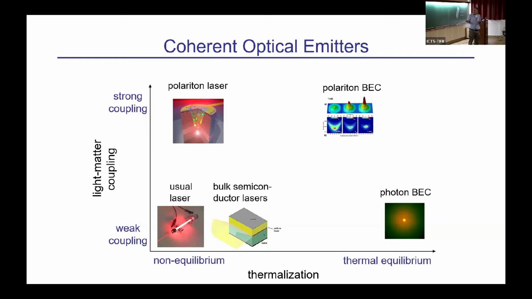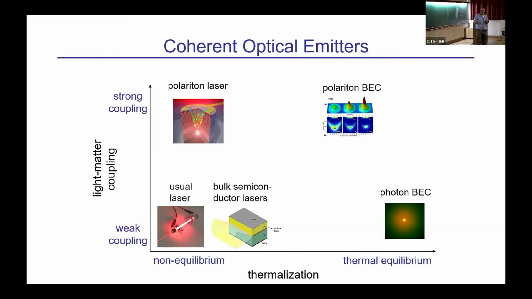And what is interesting is that on this scale, old bulk semiconductor lasers, well, they're not in equilibrium, but on this scale, they would be more to the right-hand side of usual lasers. The reason is that to understand their spectra, one has to account for things like the Kennard-Stefanov relation between absorption and emission, which is a thermodynamic relation that I will be talking about later.